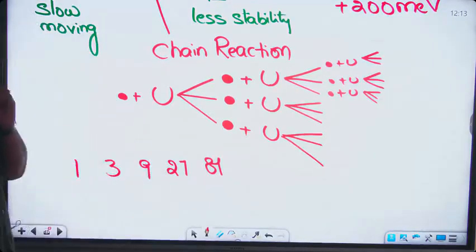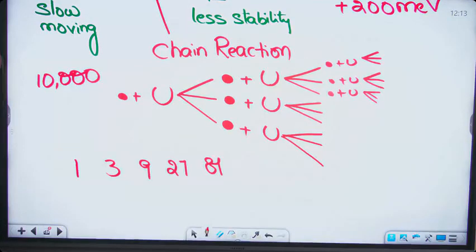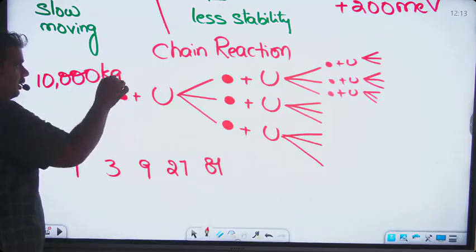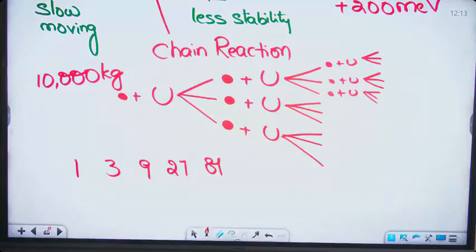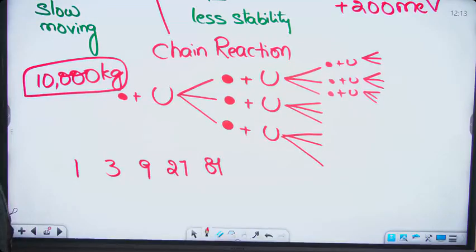How much is released? I'll give a small example here. 10,000 kg of coal is used in power plants to generate energy, to produce electricity. The same amount of energy can be generated by 3 grams of uranium 92 238. Just 3 grams is equal to 10,000 kilograms of coal. Now imagine where is 10,000 kgs and where is 3 grams of uranium.